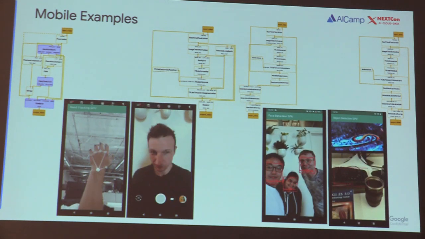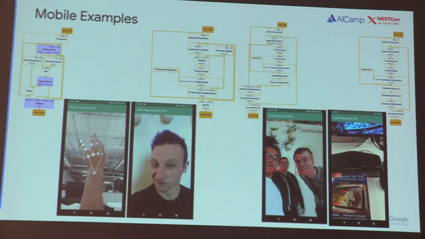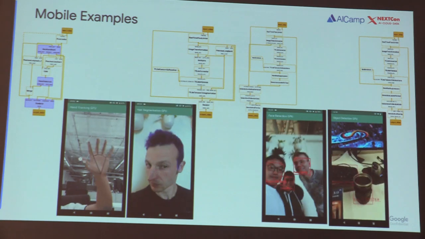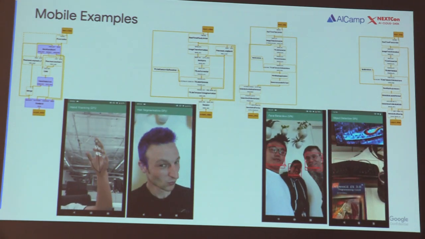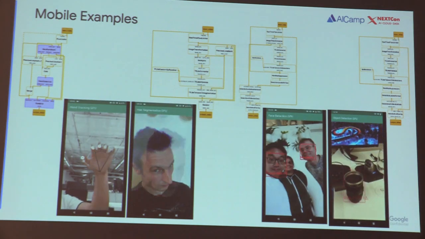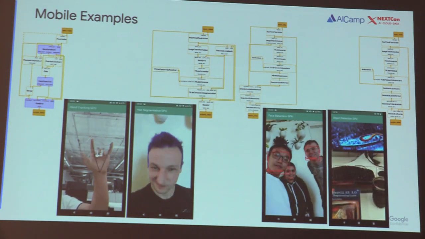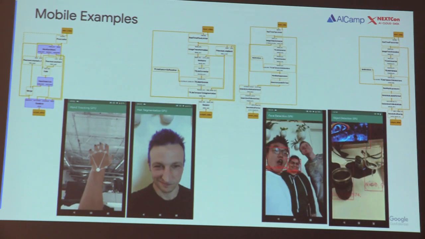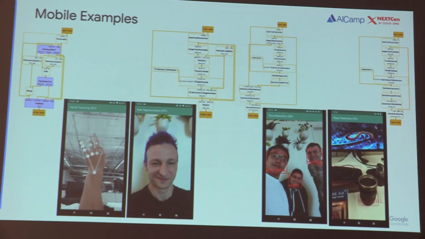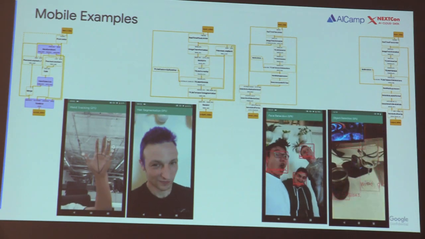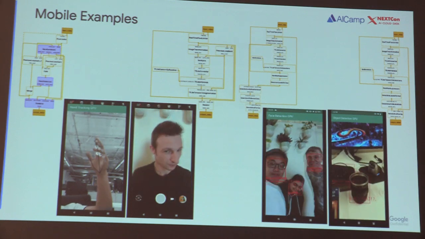Ideally, these graphs will run on all the platforms without change. At the moment, the calculators are not all completely cross-platform, so sometimes a substitution is needed in order to make a graph that was designed to run on desktop run on mobile. But we're working on that, and we hope that soon every MediaPipe graph will run on every phone.